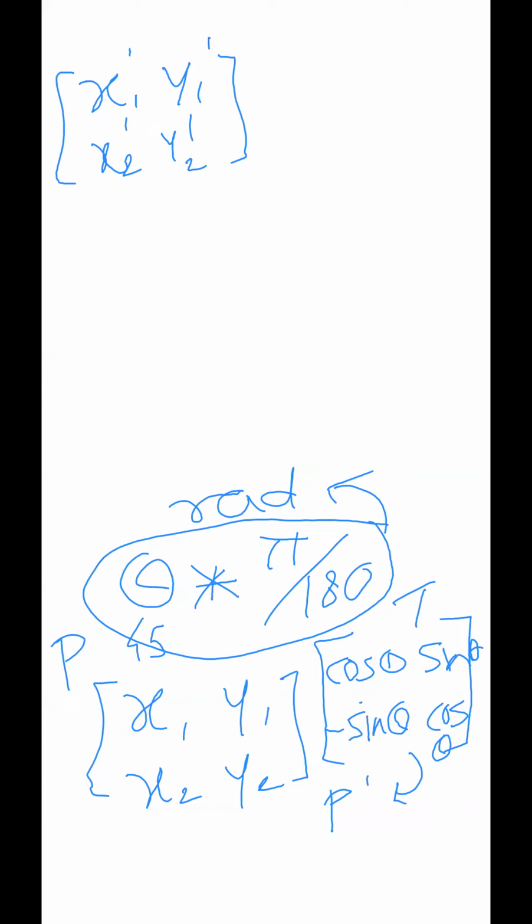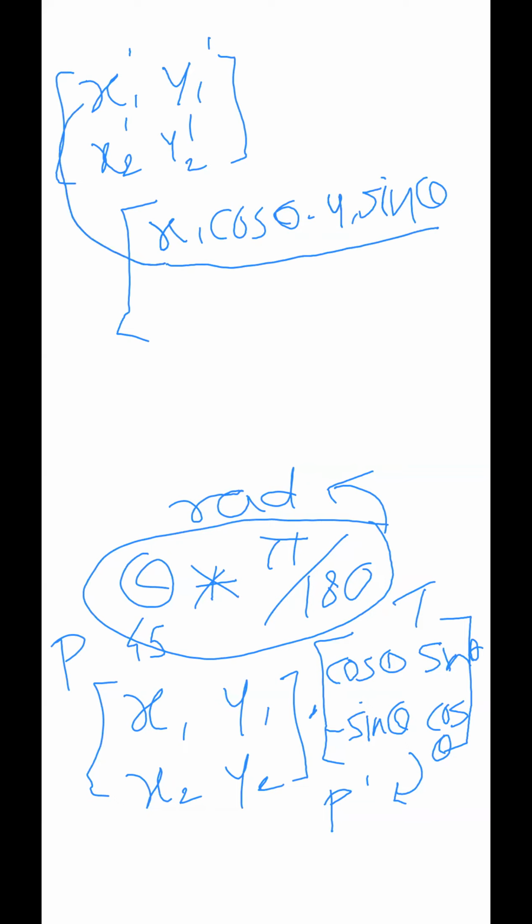Okay, so can you tell me now, after multiplication of these two, I will get x1 cos theta minus y1 sin theta. This is your value of x1 dash.